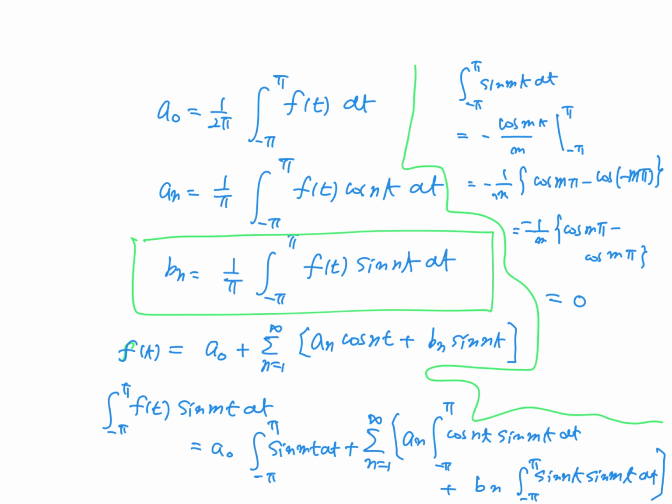So we just found out that this is 0, right? So we still need to calculate the integral from minus pi to pi of cosine nt sine mt dt.